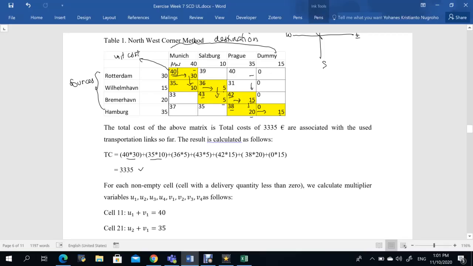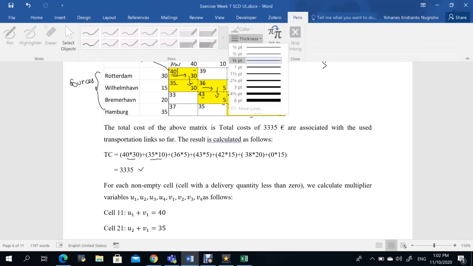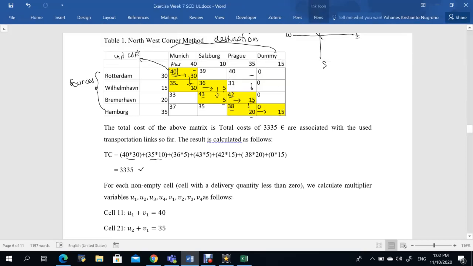In MODI, in order to find the updated solution from northwest corner, first we have to find multiplier variables for each source and its destination as follows. So here in the source column, we have Rotterdam, that is U1, U2, U3, and U4.